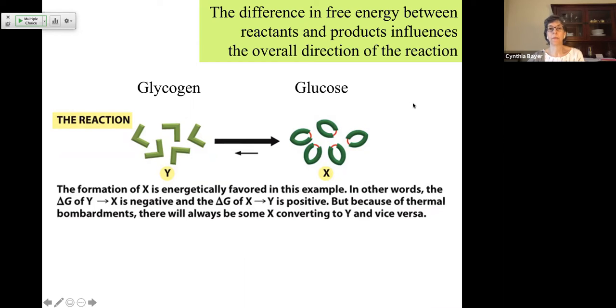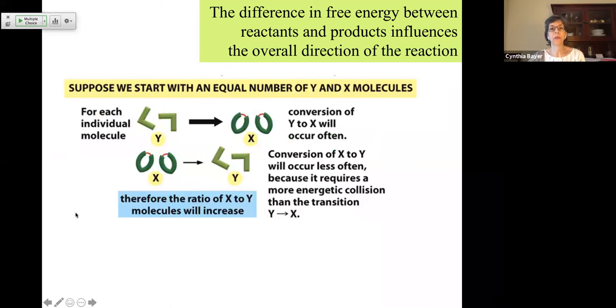Chemical reactions can occur in both directions, but the favored reaction is the spontaneous direction, in this case from Y to X. So if we keep thinking of Y as the higher free energy molecule glycogen and X as the lower free energy molecule glucose, if we start with an equal number of both Y and X in a solution, what we will find is that most frequently Y will be converted to X, right?